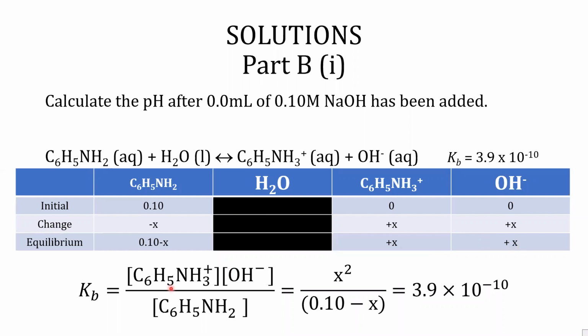The equilibrium expression is the concentration of C6H5NH3+ times OH- over the concentration of C6H5NH2, which equals X squared divided by 0.10 minus X, equal to 3.9 times 10 to the minus 10.